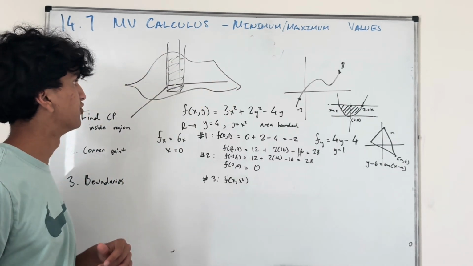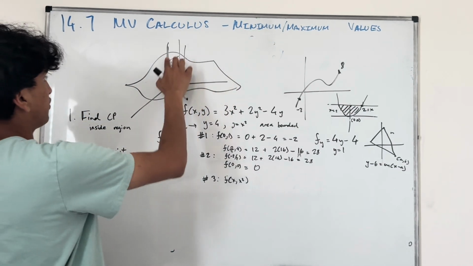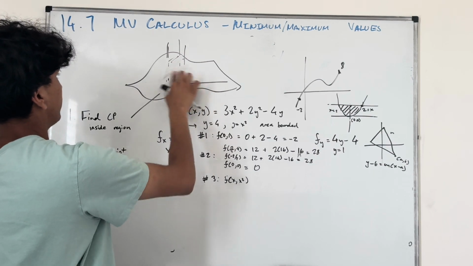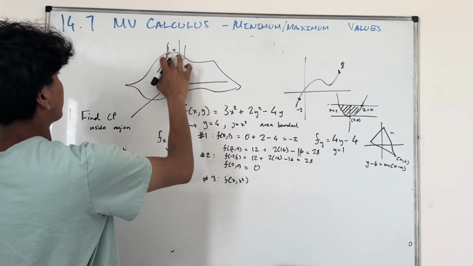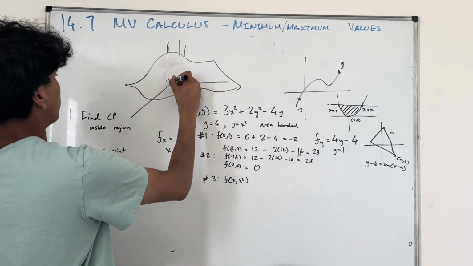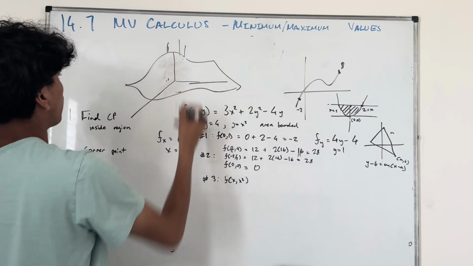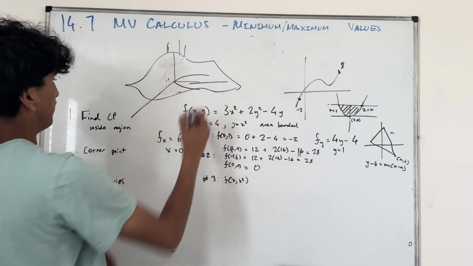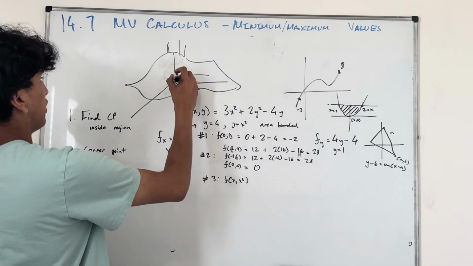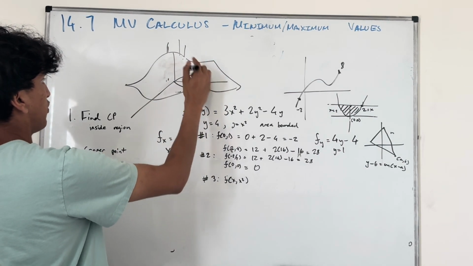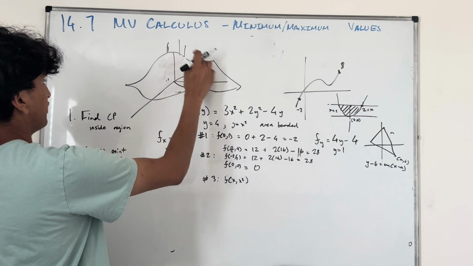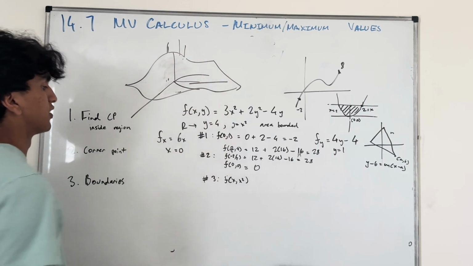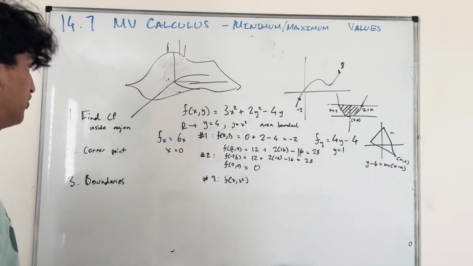If you think about this as our surface, I'm really doing all the points like so. This is in the xy plane. So it'll be all the points on the surface along the curve. That's what f of x, x squared is doing.